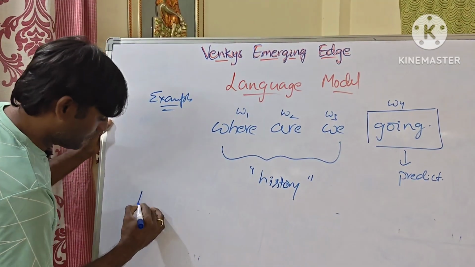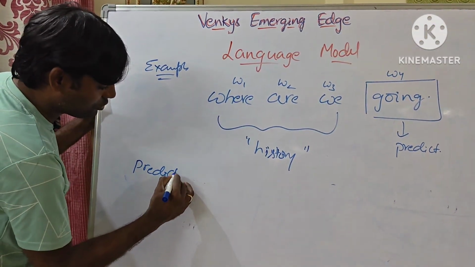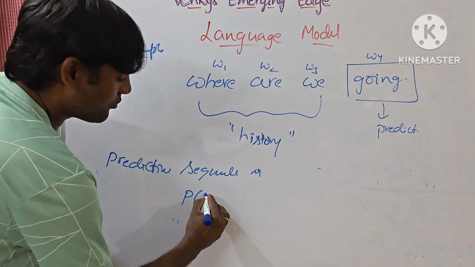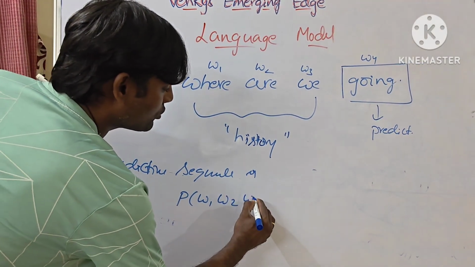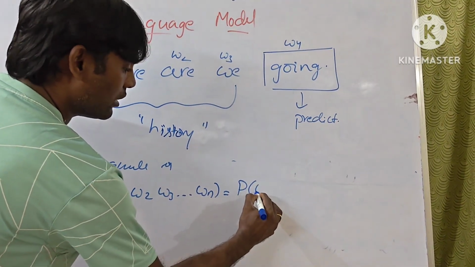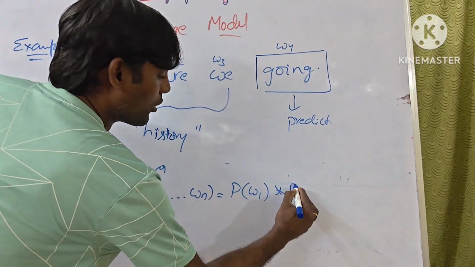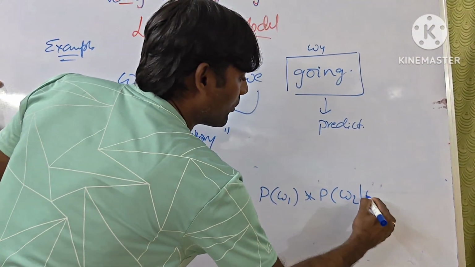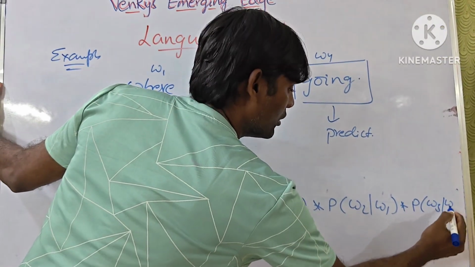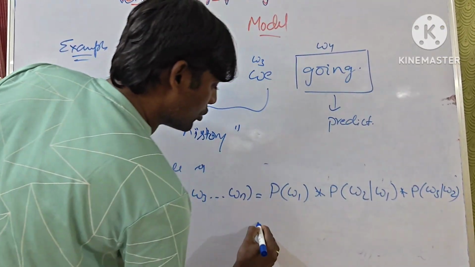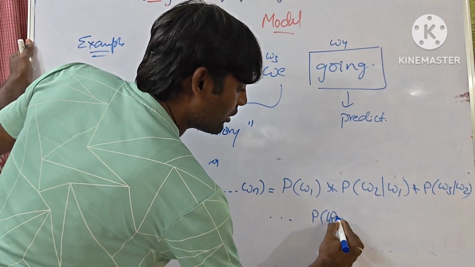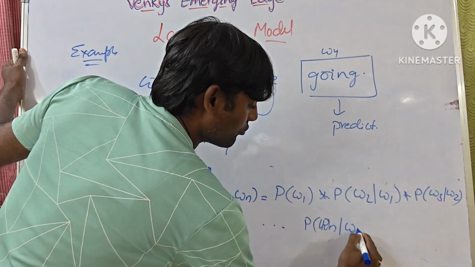Is it clear? The predictive sequence is: probability of W1, W2, W3, and so on up to Wn equals probability of W1 multiplied by probability of W2 given W1, multiplied by probability of W3 given W1, W2, and so on, up to probability of Wn given W1 through Wn minus 1.